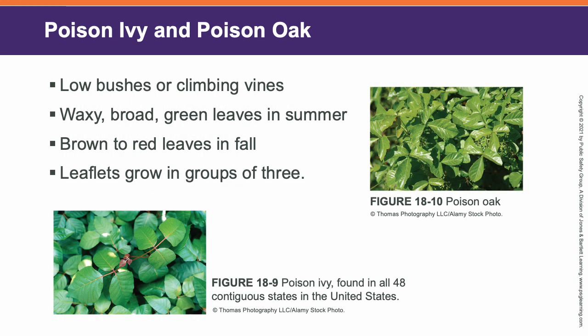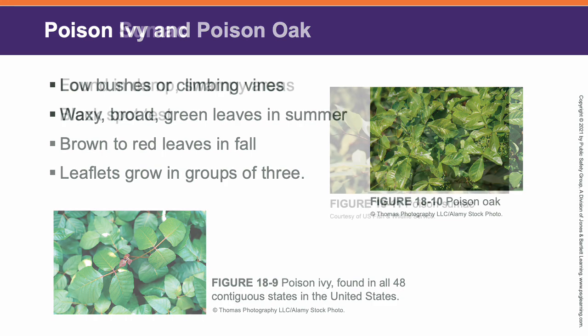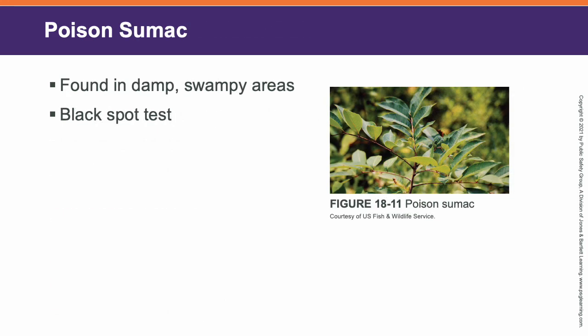Poison ivy and poison oak are low bushes with vines that will climb up other plants. They have broad leaves that are waxy and green in the summer. Their leaves go a brown to red color in the fall, and their leaflets grow in groups of 3, as you can see from the pictures here. Poison sumac is found in damp and swampy areas.